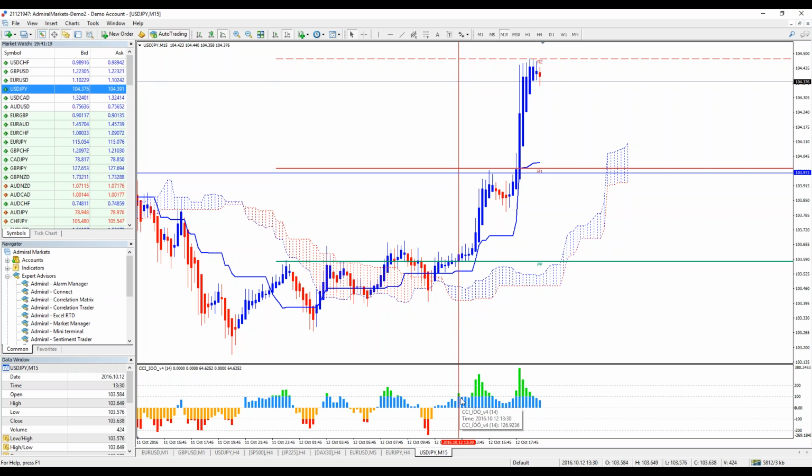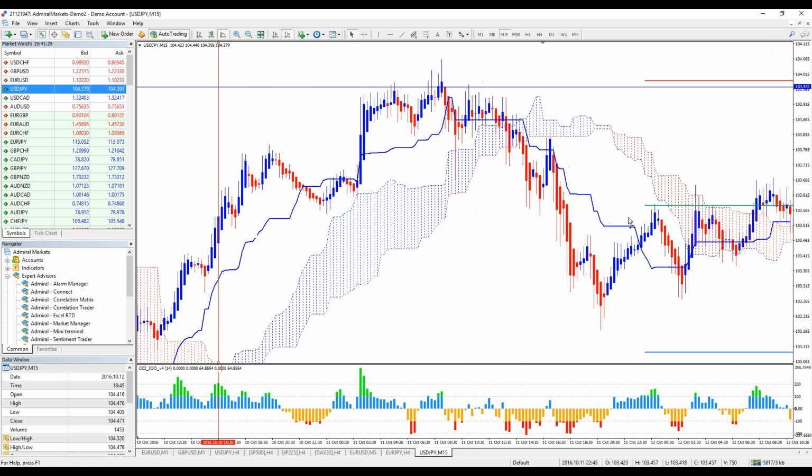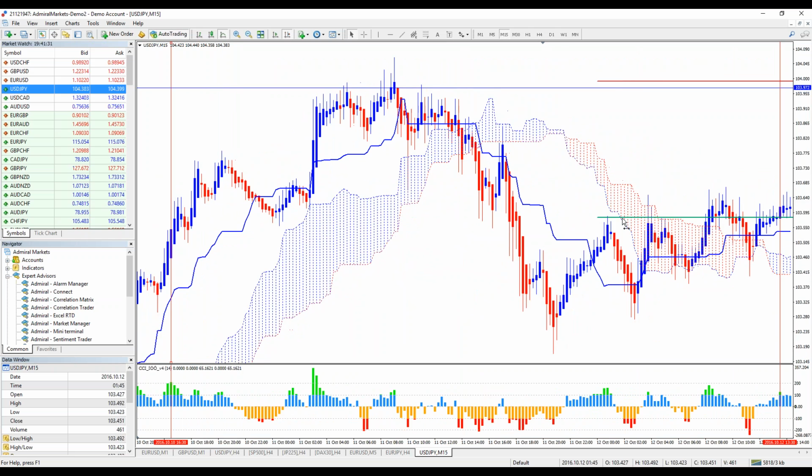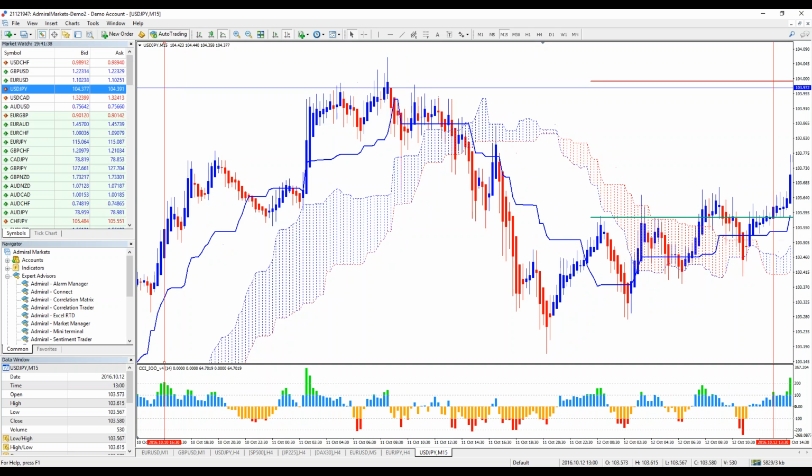Here, blue, guys, this is the ideal setup. So you should scan for these setups. And the setup was ideal at this time. Why? Because watch this. Price is touching the blue line, it's above the blue line, it's at the pivot point, and CCI is at 100.